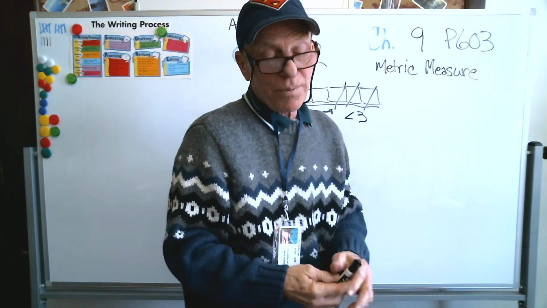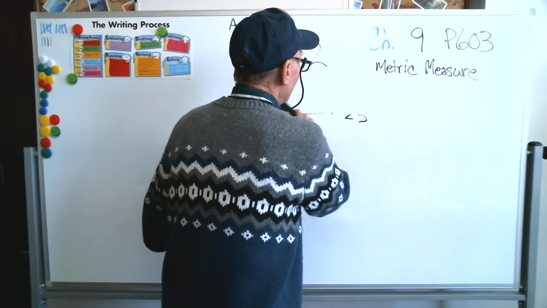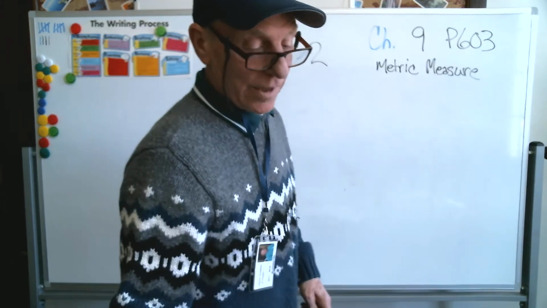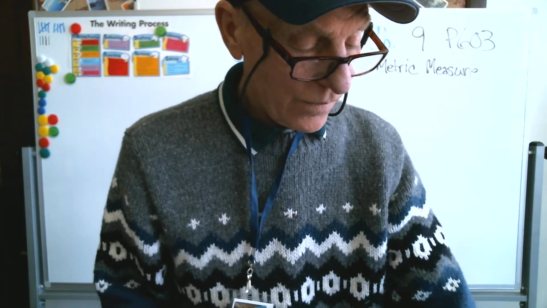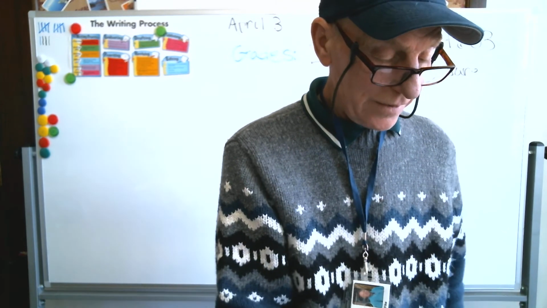That was really kind of pretty easy. I bet you all got that one anyhow. We're just going to run through this. Now that was in the homework on 607 and 608.